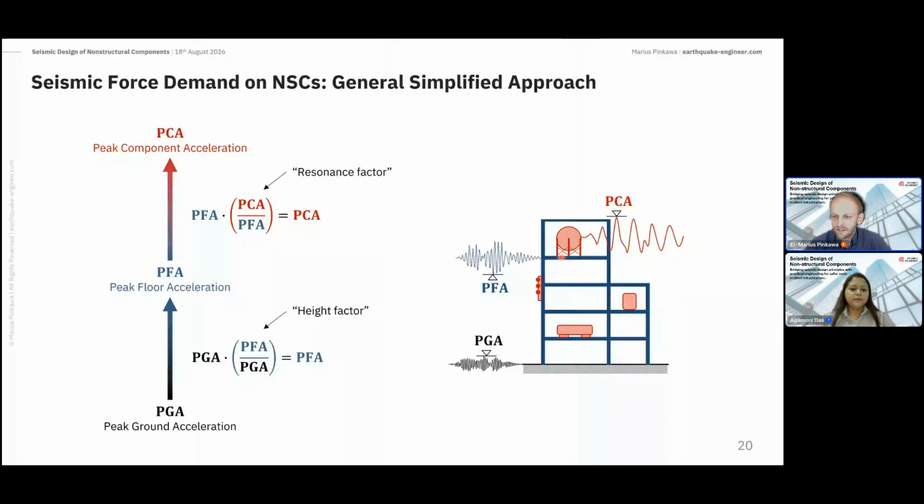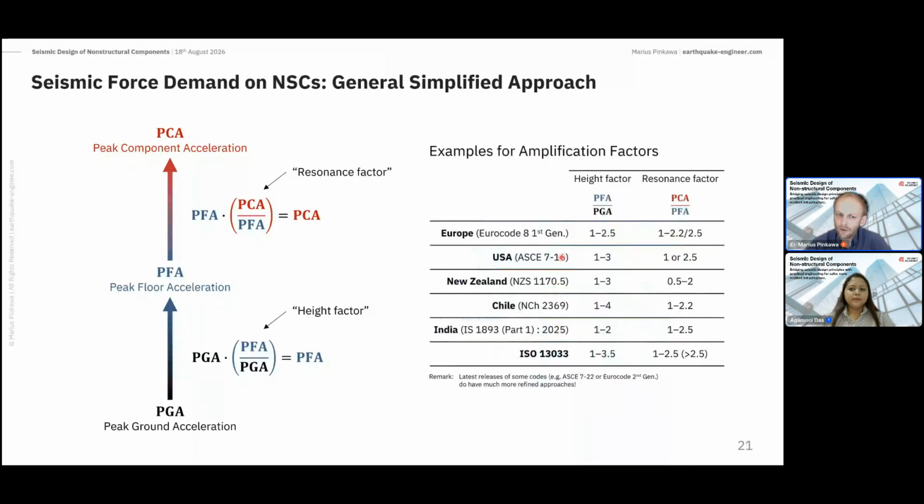You see, all of these codes apply this concept: the first factor and then the second factor. And if you have the peak component acceleration, you can simply calculate your seismic design force, because force equals mass times acceleration, according to Newton's second law. You just need to calculate the force in a further step.